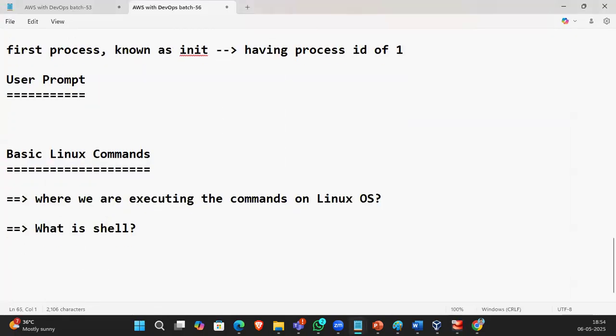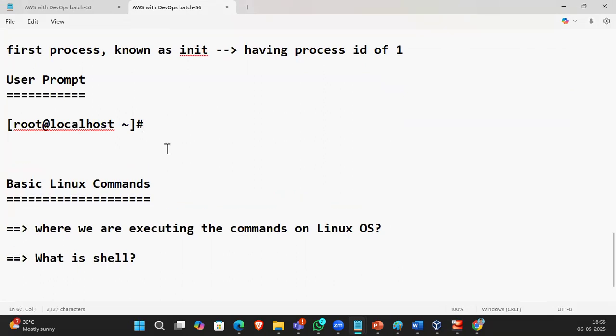Yeah. So what is that? Root at the rate localhost tilde, hash. You guys understood? One is root. What is root? Root is the login name.